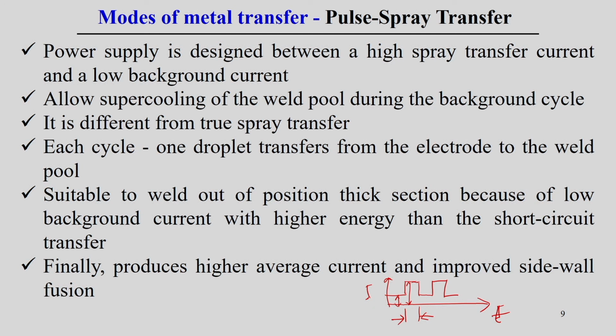Depending upon the very high peak current, over a particular duration, one droplet is created and transferred from the electrode to the weld pool in that cycle.